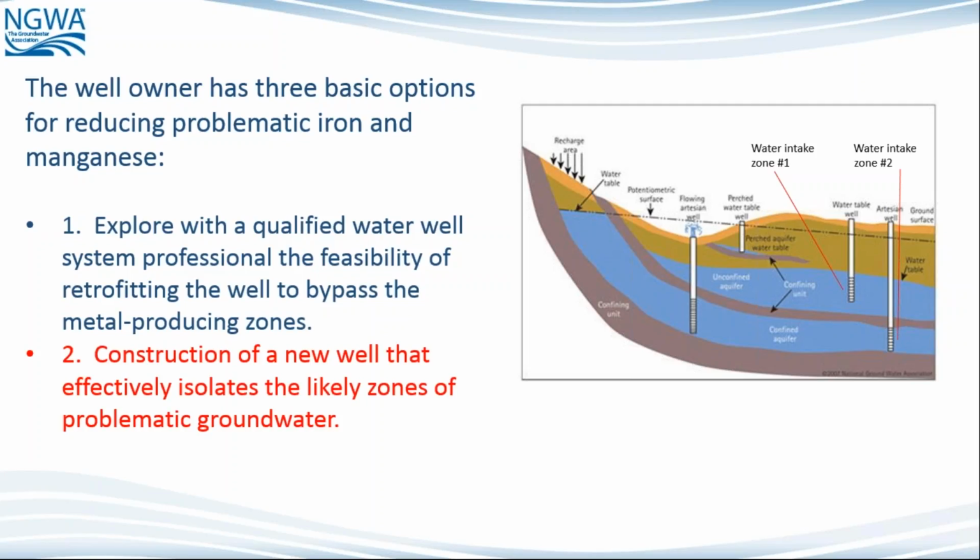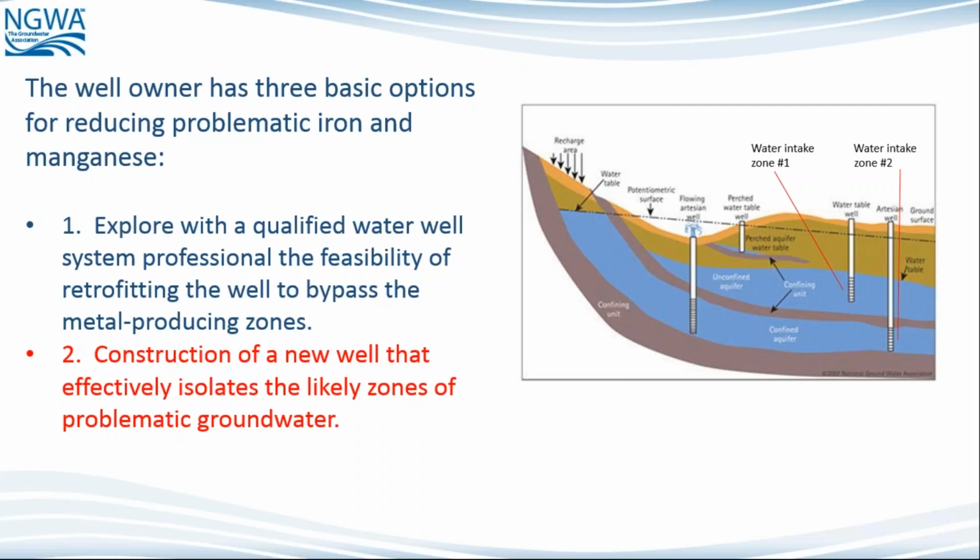Secondly, of course, would be drilling and constructing a new well. If we did our homework in designing and constructing the well, and we knew where the zones of high iron and manganese are, then we could design and construct the well, avoiding those areas as producing zones into our well.